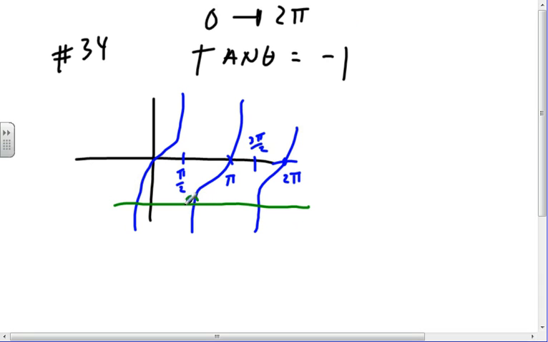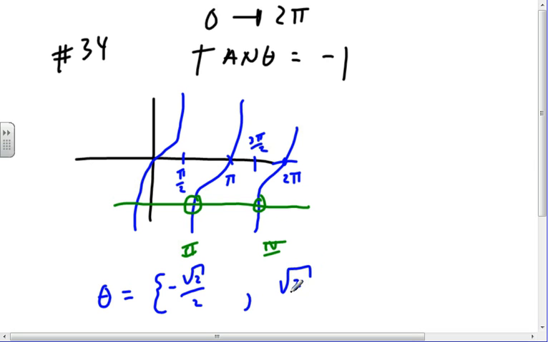And I'm going to have an answer here and an answer there, which is a second quadrant answer and a fourth quadrant answer. All right, well, that could very well be. Okay, so theta is equal to square root of 2 over 2. And in the second quadrant, it's going to be negative. And in the fourth quadrant, it's also going to be negative square root of 2 over 2.